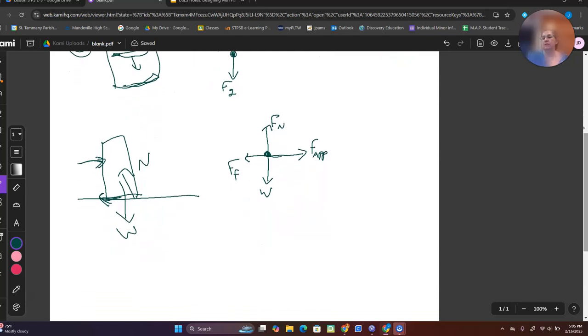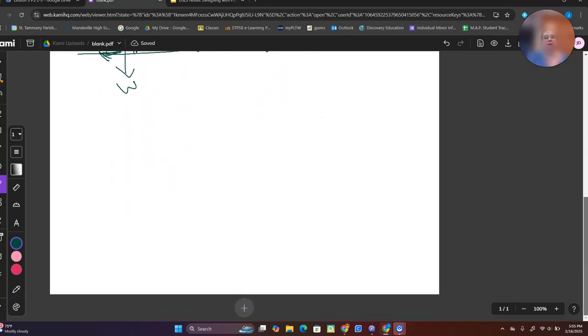The air resistance force will be minuscule compared to the other forces. All right, so we have our motorcyclist skidding to a stop on the road.